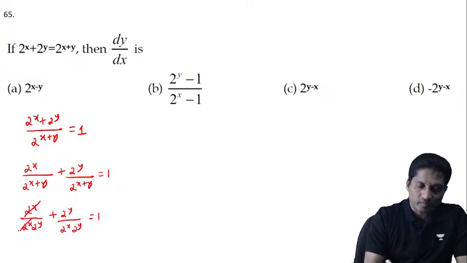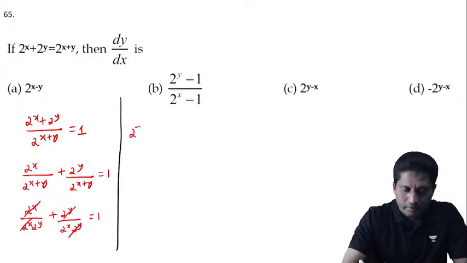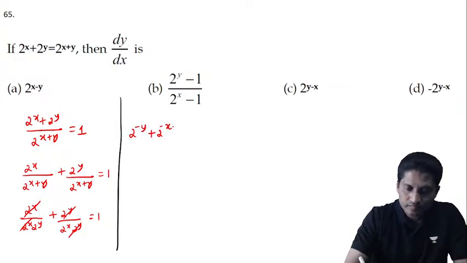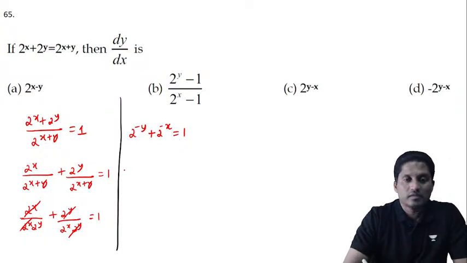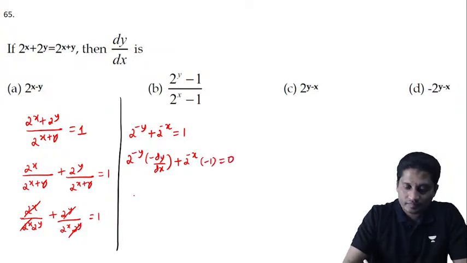I'm going to cancel 2 power x, cancel 2 power y. If I shift to the numerator, this is 2 to the power of minus y plus 2 to the power of minus x is equal to 1. Now if I differentiate, 2 power minus y is 2 power minus y into minus dy by dx. 2 power minus x is 2 power minus x, differentiation of minus x is minus 1, differentiation of 1 is 0.